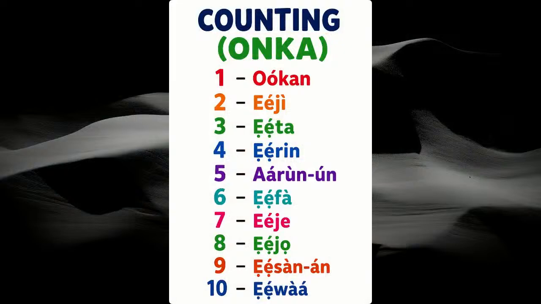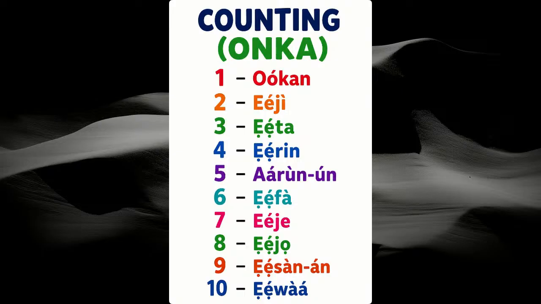Also, let me cover the cardinal numbers in Yoruba. Counting is different from the number itself. The actual name for a number is different from when I'm counting up to a number. If I'm counting up to a number, that's where we have ọ̀kan, èjì, ẹ̀ta, ẹ̀rin, àrún.